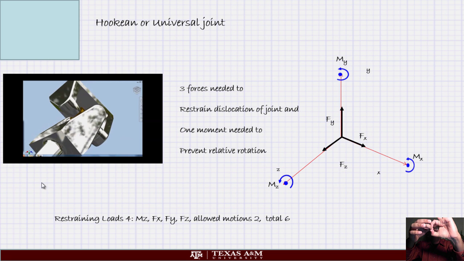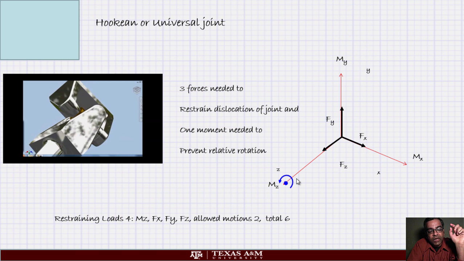It will prevent all kinds of translational motions because it will not allow you to dislocate this joint. So you will see that there are two motions allowed and there are 1, 2, 3, 4 others left. So 2 plus 4 is 6. That's how it works.